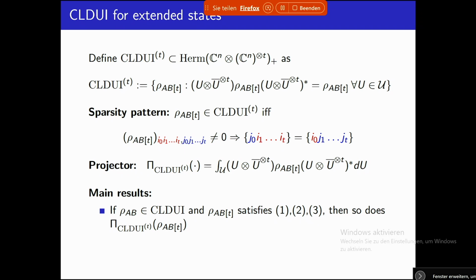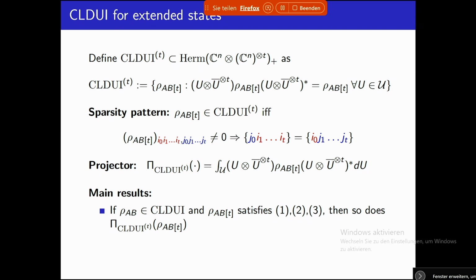Okay, so suppose you are given a CLDUI state, and you want to test whether it lies in DPST. So you're asking the question, does such an extended state exist satisfying the three properties of before?